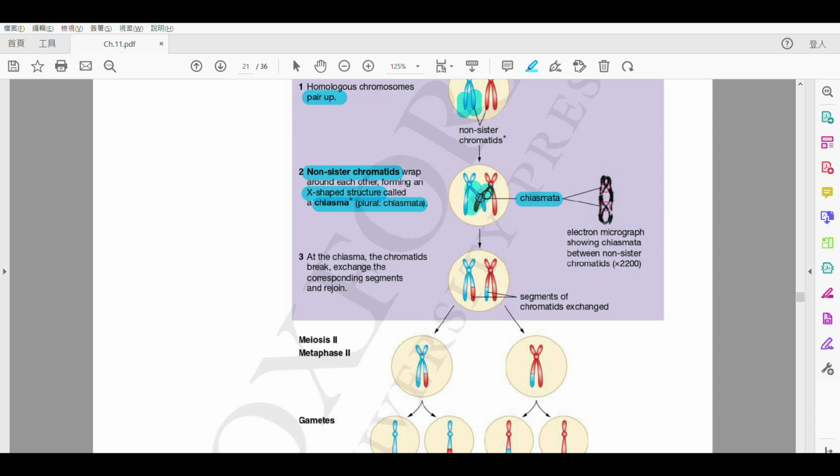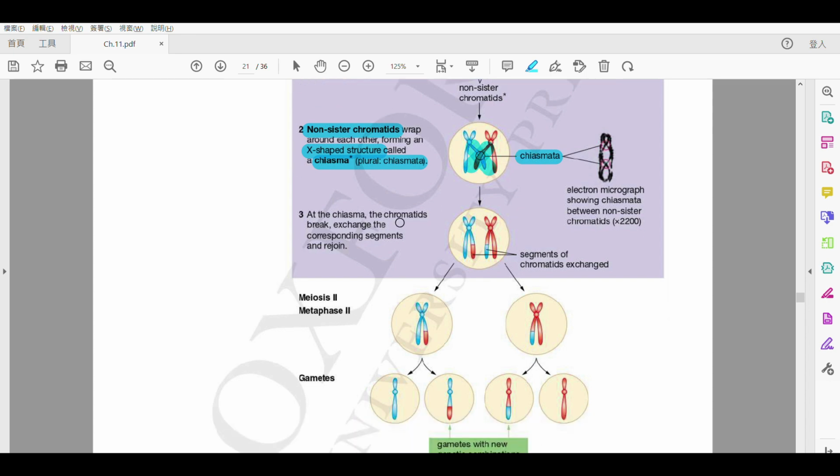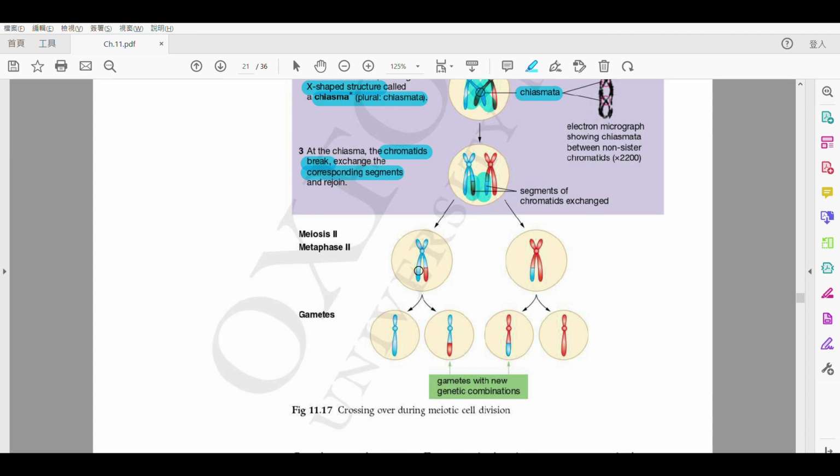This X that I highlighted is a chiasma. At the chiasmata the chromatids break, and as you can see the maternal chromatid is found here and the paternal chromatid here, so each has the corresponding segments of the other chromatid.